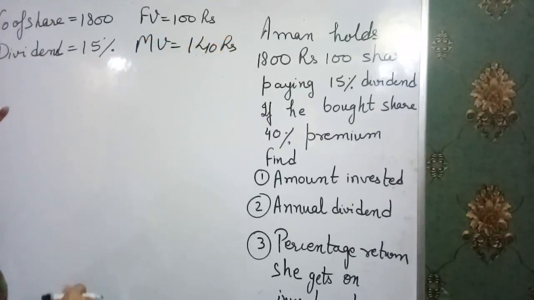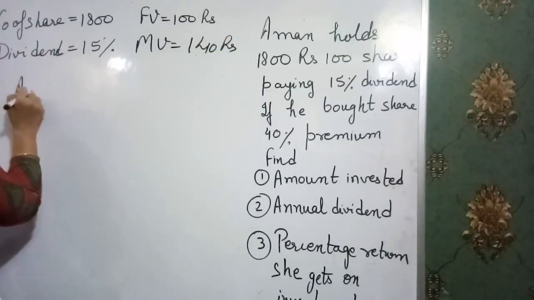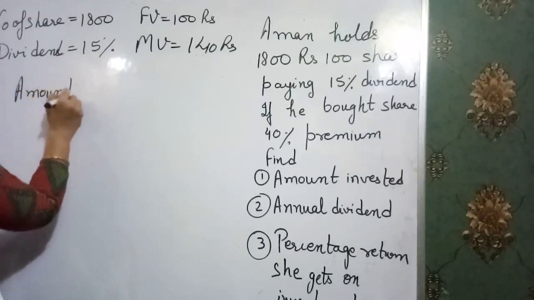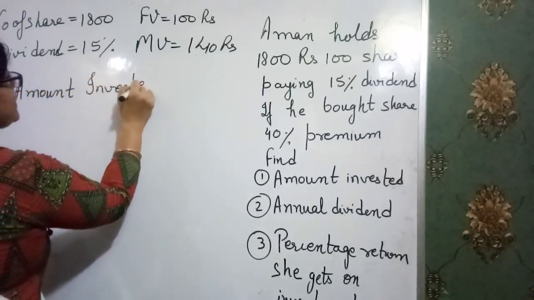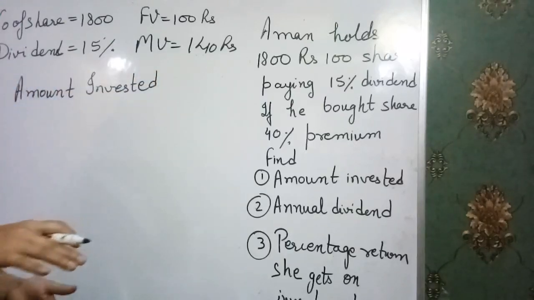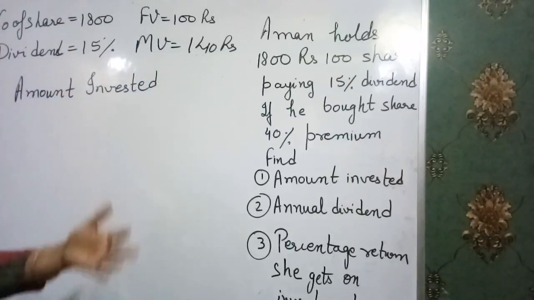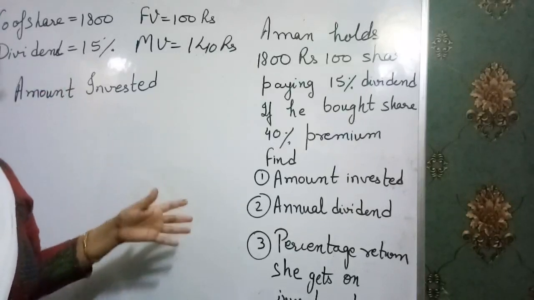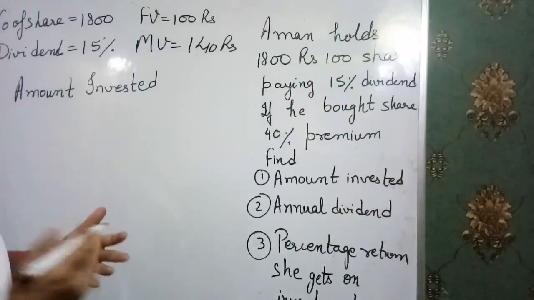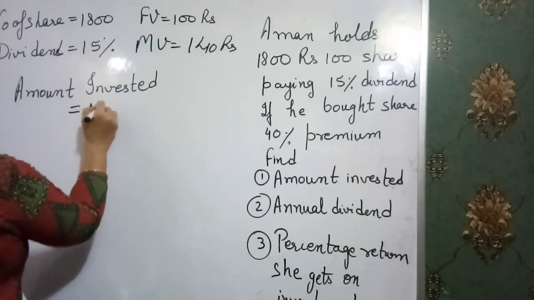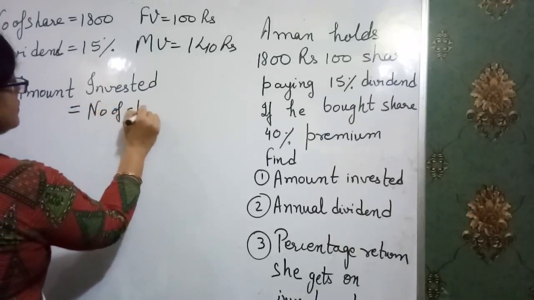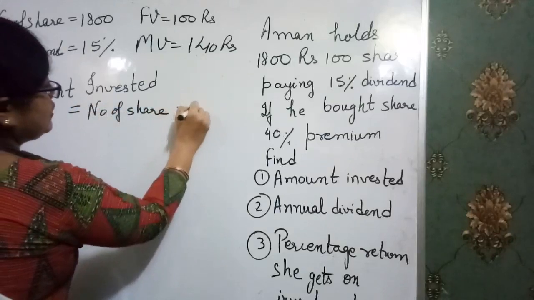Now first question, amount invested. This is the amount invested by the shareholder in the company, or the amount invested by the shareholder in buying the shares. So here we multiply the number of shares into the market value.